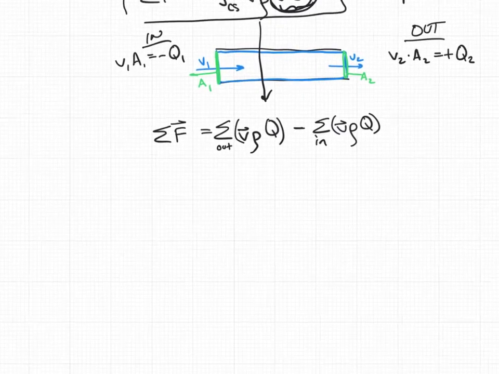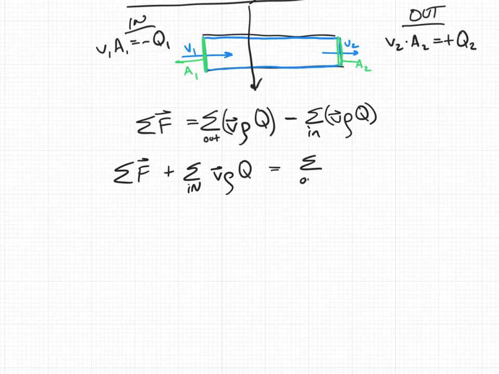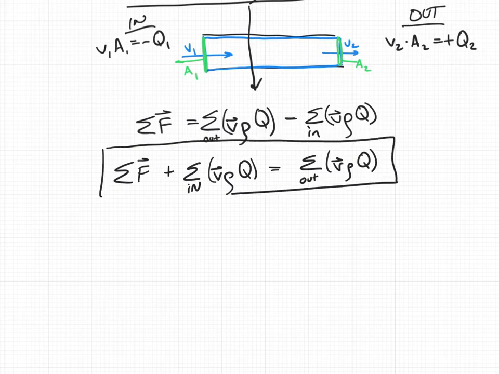So I'm going to rearrange this: the sum of the forces, plus the sum of the ins of V rho Q, equals the sum of the outs of V rho Q. This is how we're going to do it for this class for the most part.